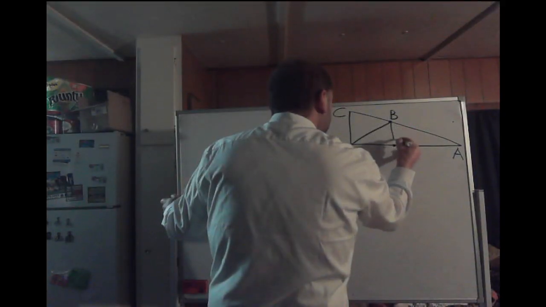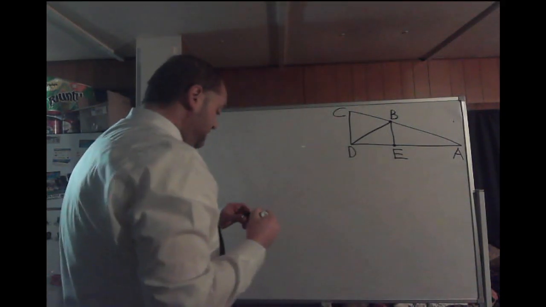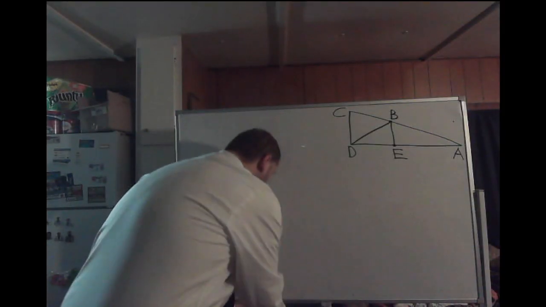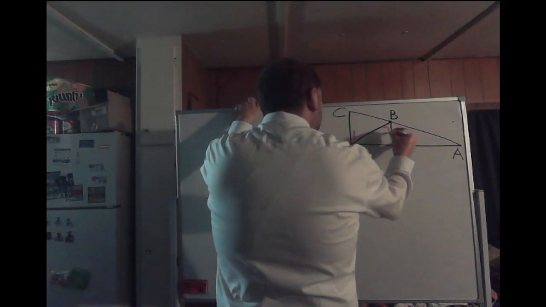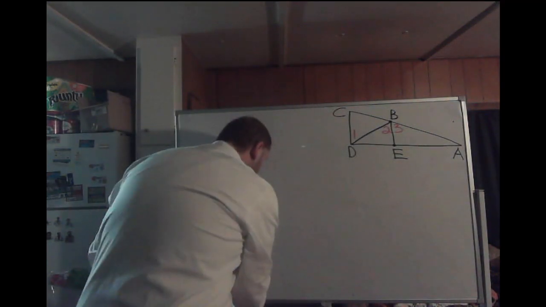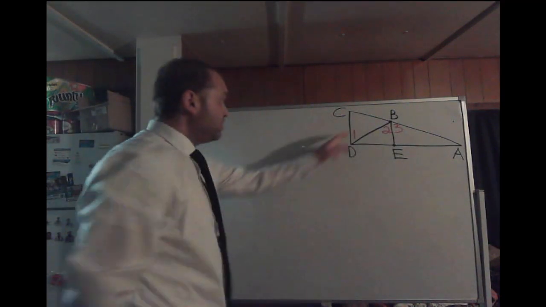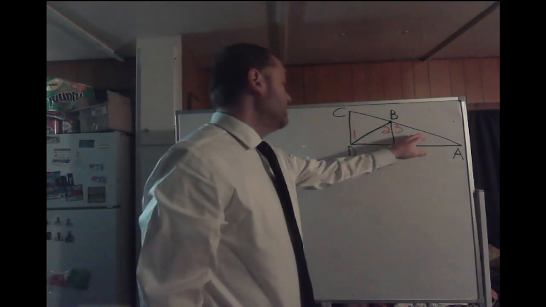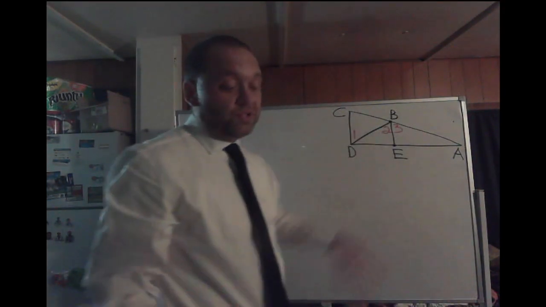This goes to E. Alright. Here's angle 1. There's angle 2. Here's angle 3. So we got a nice triangle split into 3 sub-triangles with 3 angles.